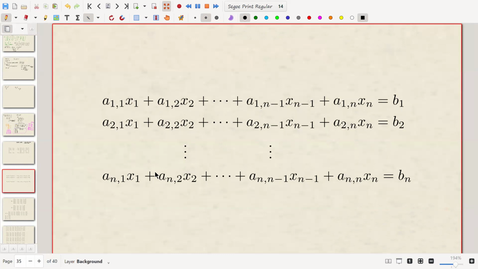The idea of this iterative method is that you start with an initial guess, that is this vector x0. What is this x0? This one will be x1,0, the value of x1 at step 0. Then x2,0. It consists of all the solutions in your initial guess. Here you are collecting all the solutions and packaging them up in a vector.